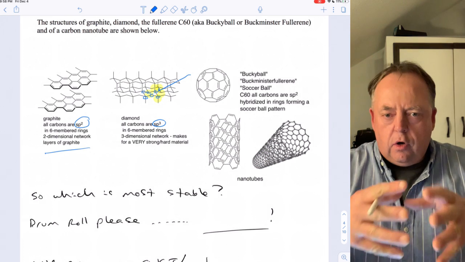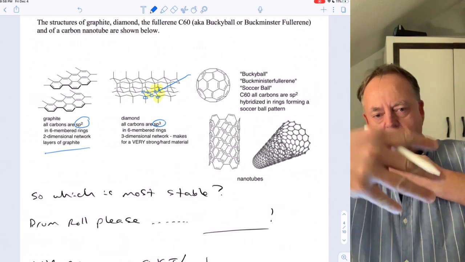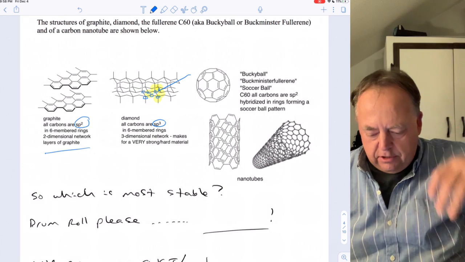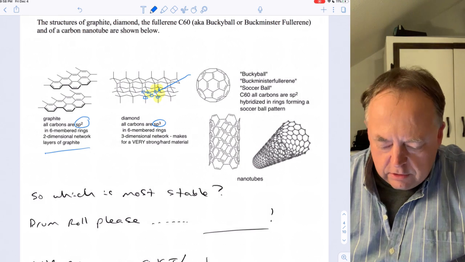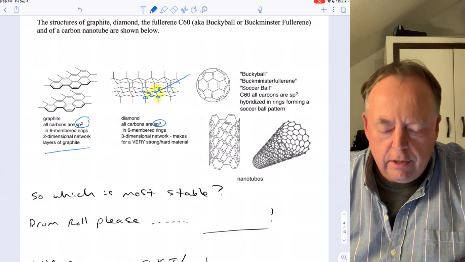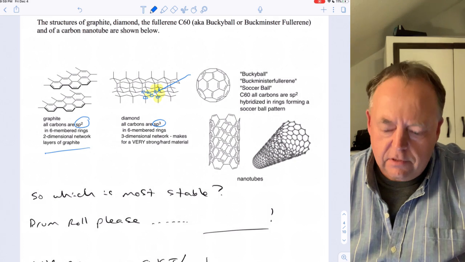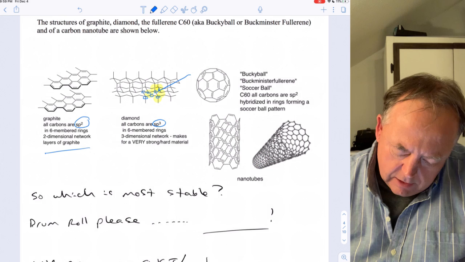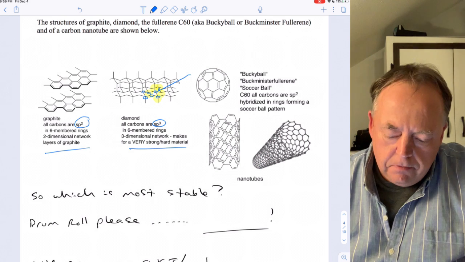So it's attached to carbons in this direction, in that direction, and in this direction. So it forms a 3-dimensional network of 6-membered rings. And that makes diamond an extremely hard and extremely strong substance. It's one of the strongest, hardest materials known.